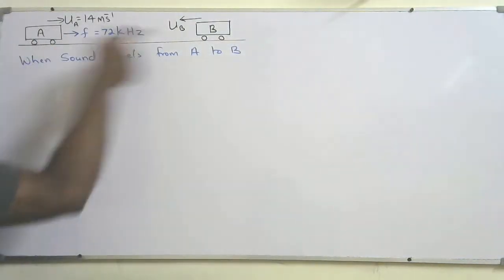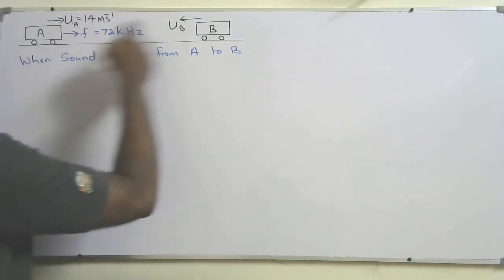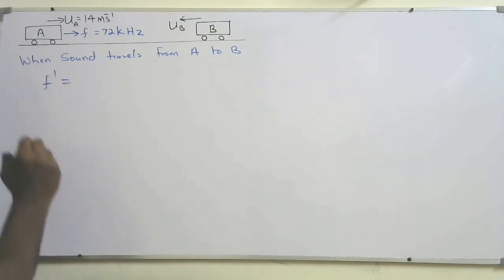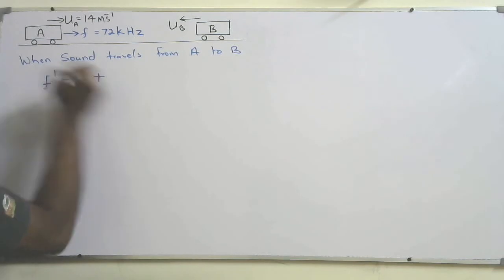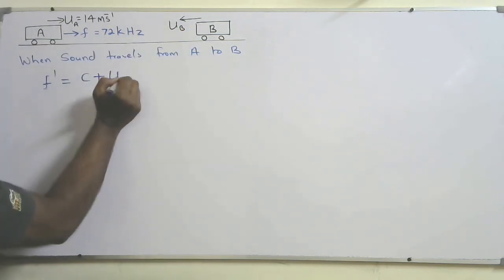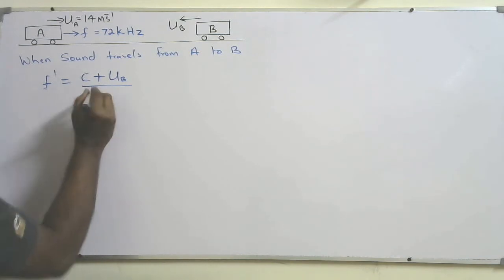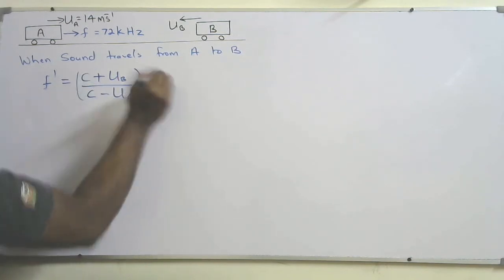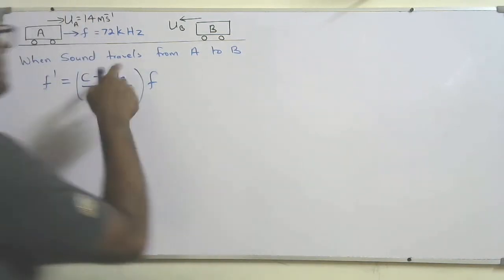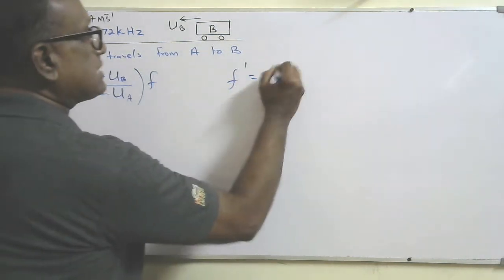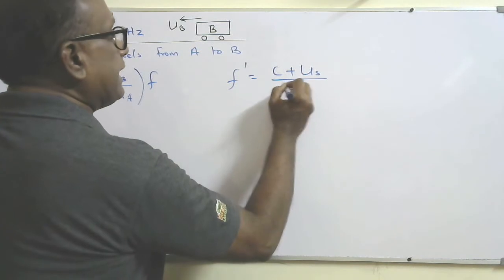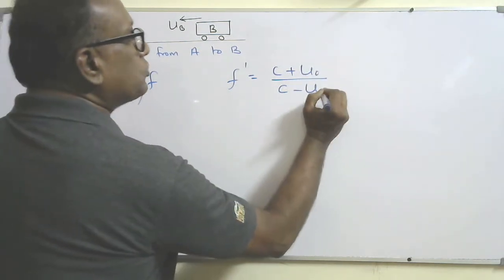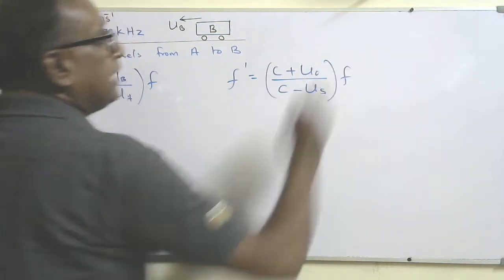So here car A is going towards car B, so the frequency of the wave approaching car B, say f dash, is given by the general equation f dash equals C plus UO over C minus US times f, where f is the actual frequency, UO is the observer speed and US is the source speed.